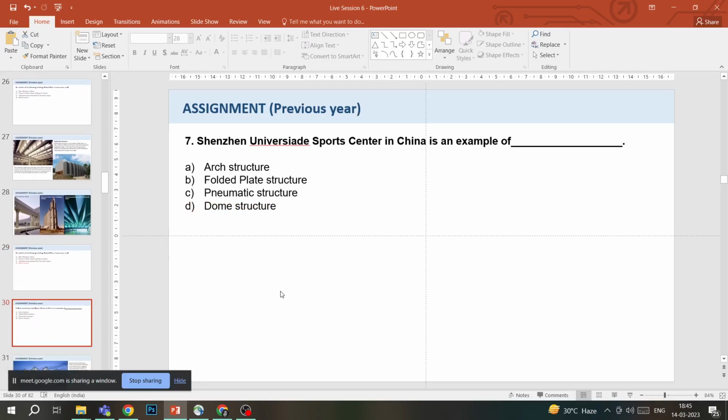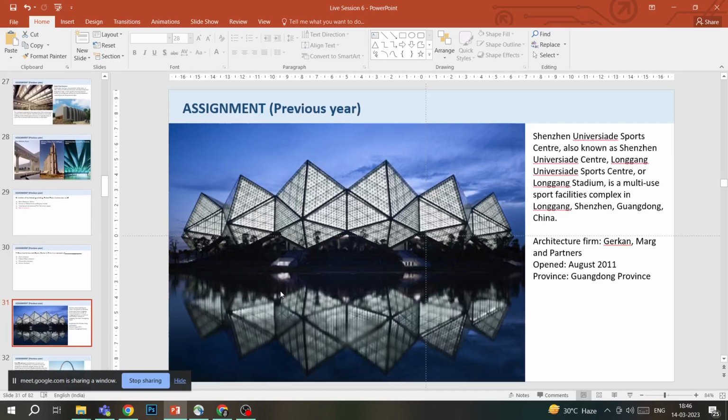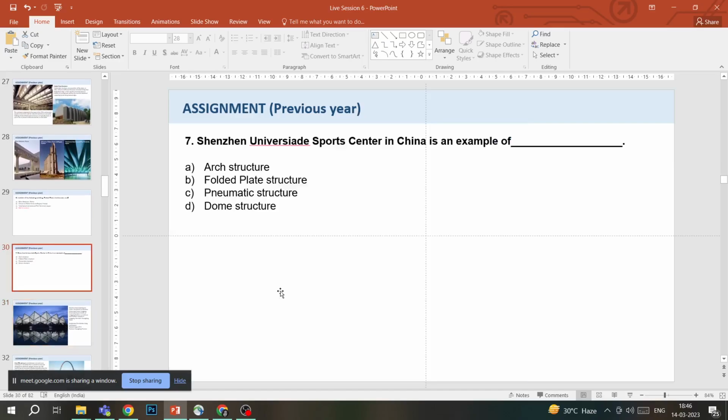Shenzhen Universiade Sports Center in China is an example of arch structure, folded plate structure, pneumatic structure, or dome structure. So again, in a similar way, I would be covering all these questions. First, I will talk about how the building that has been mentioned looks like.